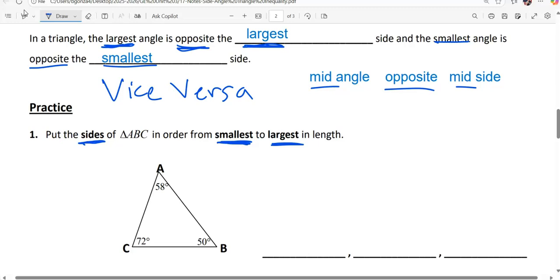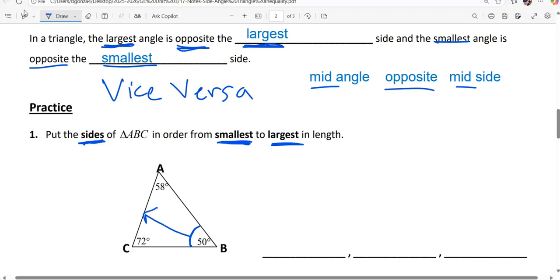So how do I find the smallest side? Well, I know the smallest side is the opposite of the smallest angle, right? So which one of these angles is the smallest? The smallest number is 50. So here's the magic that we're using today. You're going to take what you know, the smallest one, and you're just going to draw an arrow straight through the middle.